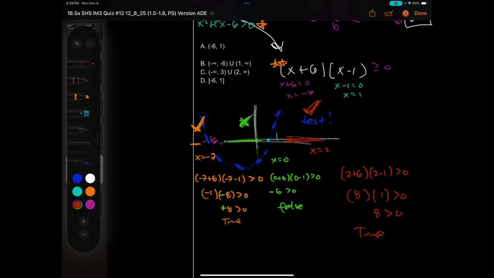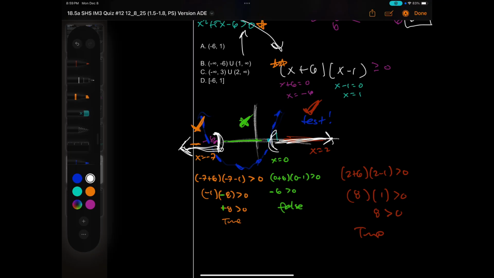Okay, let's now explain how we get these numbers. Sorry, you don't include negative 6 because this has no parentheses. So same thing over here at 1.